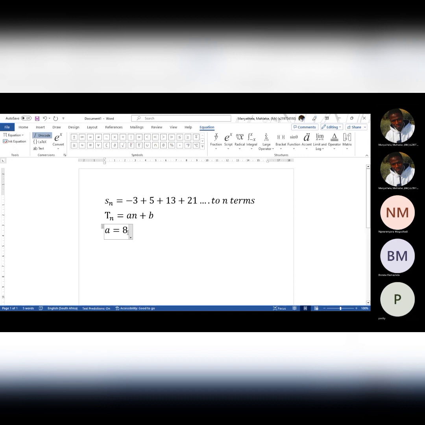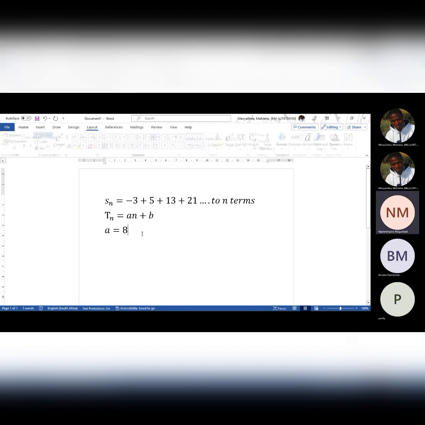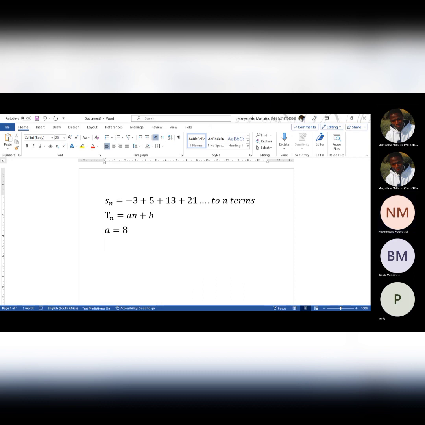If you use Tn equals An plus B, A is the difference, 8 again, and then Tn is your first term and n is the position of the term.